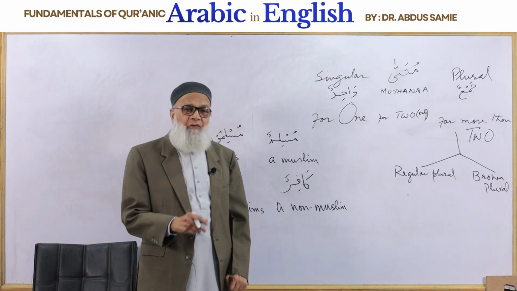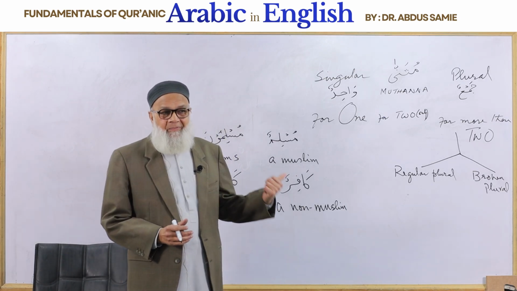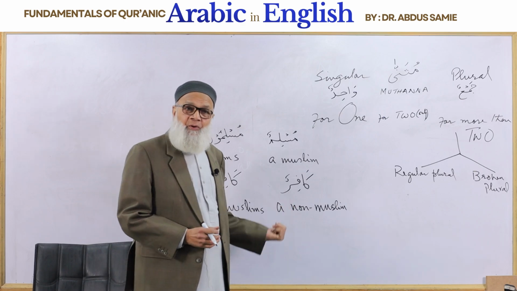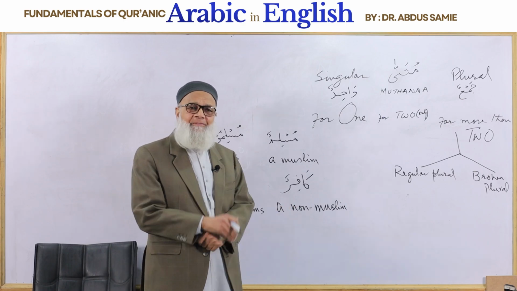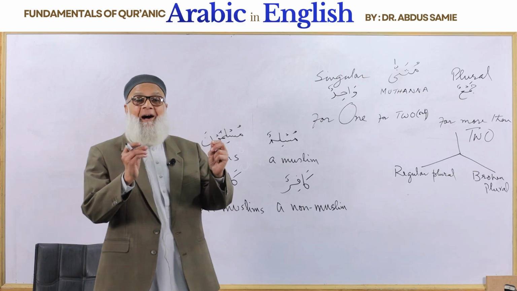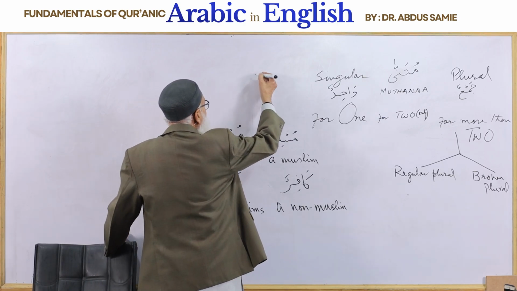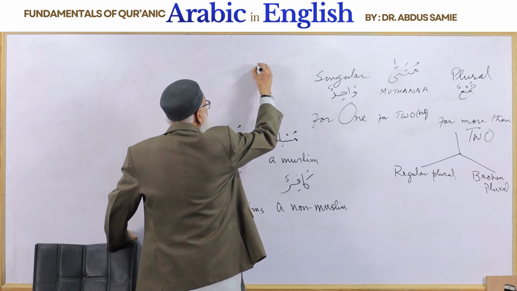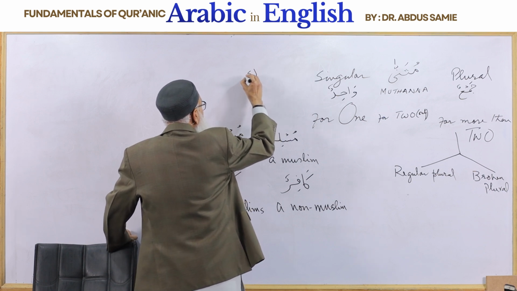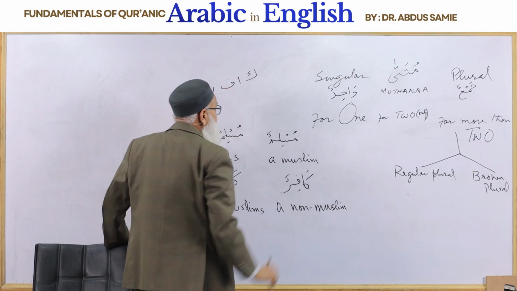But very often you find in the Quran the Arabic of non-Muslims is not kafirun. What's the other word? Kuffar. You know, kafir, if you split the word kafir, it is kaf, alif, fa and ra.